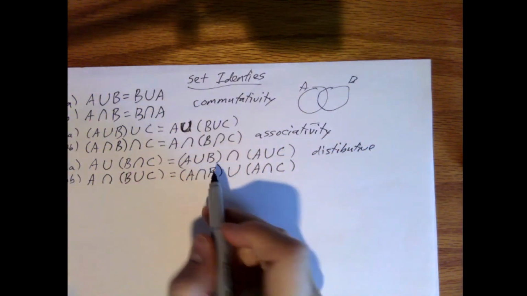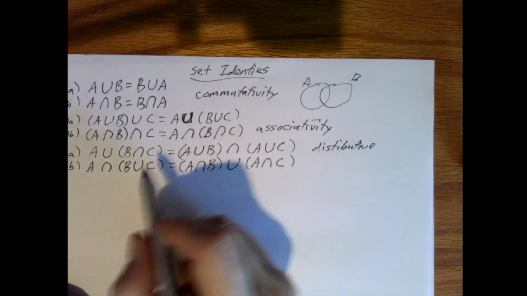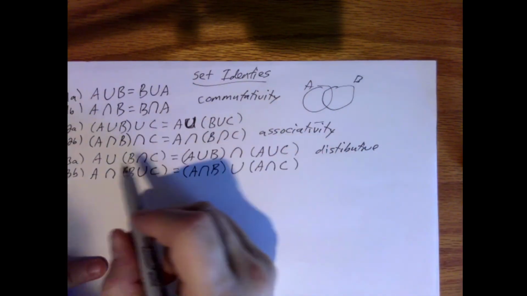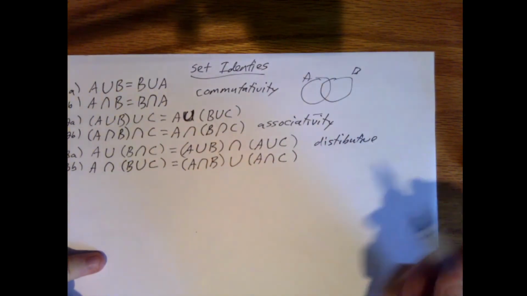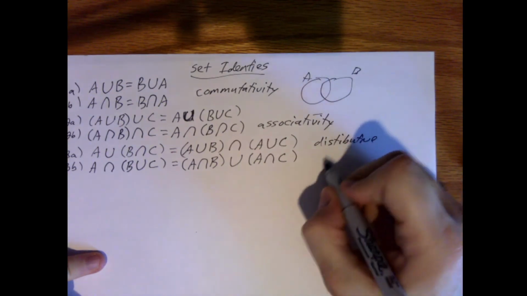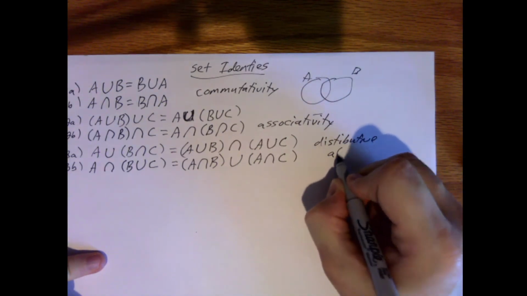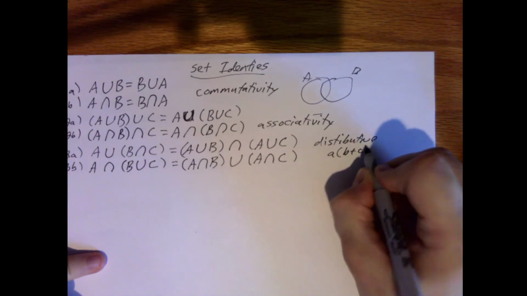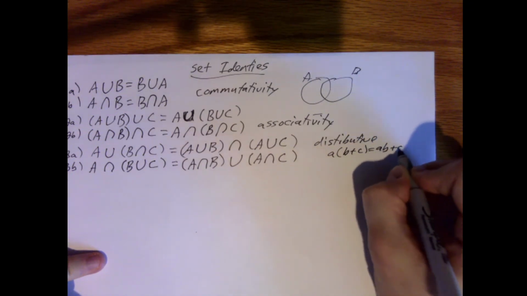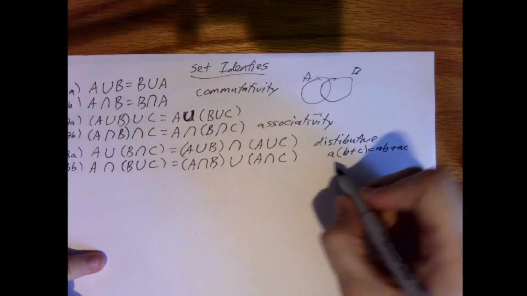So the way I keep it straight is I think of it as being like the distributive property for real numbers. I mean, that's not really what we're doing, but if we think about it, we don't normally write this. Normally we would say A times the parentheses B plus C is equal to AB plus AC. But if we think about it, there's a multiplication here, right?